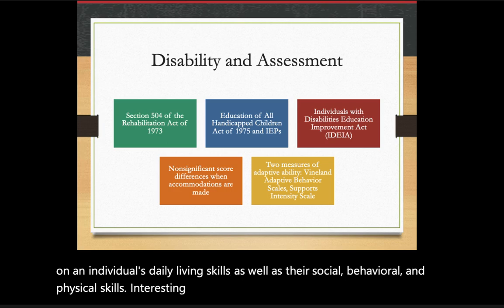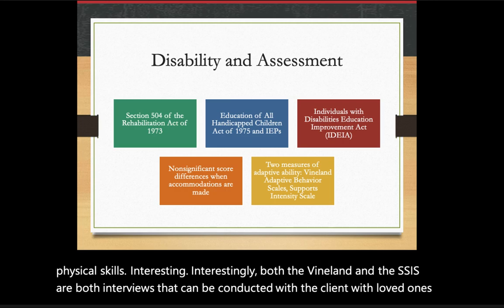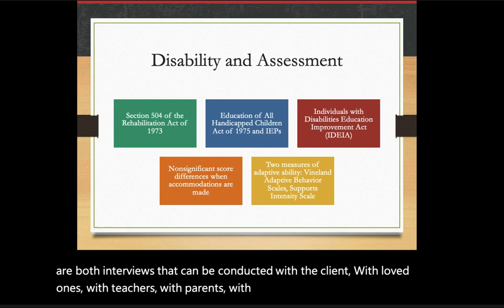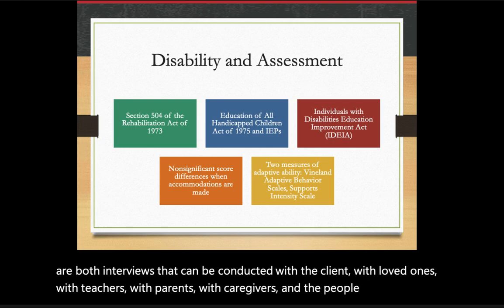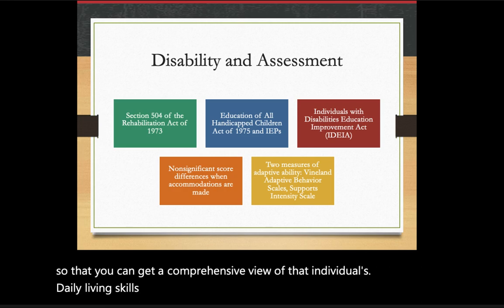Interestingly, both the Vineland and the SIS are interviews that can be conducted with the client, with loved ones, with teachers, with parents, with caregivers, and the people around them so that you can get a comprehensive view of that individual's daily living skills.